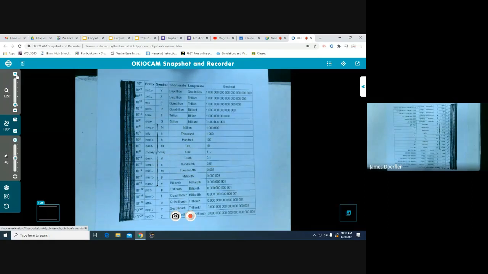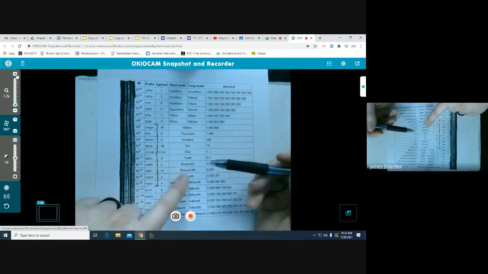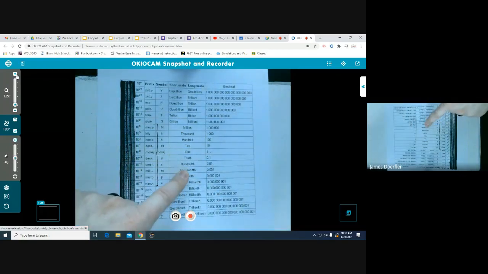A centimeter is a fraction of a meter. Okay. As you see here, centi, it's 100th of a meter. So how many centimeters equals 1 meter? If 1 centimeter is equal to 100th of a meter, how many centimeters equals 1 meter?